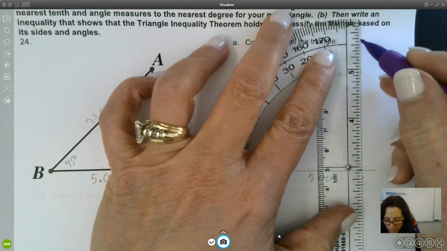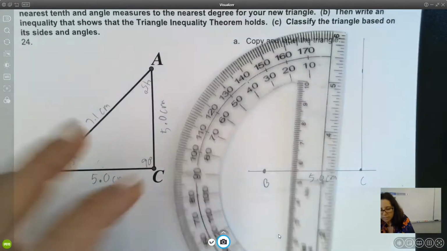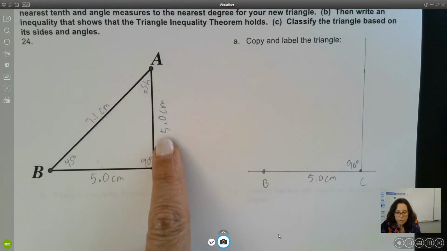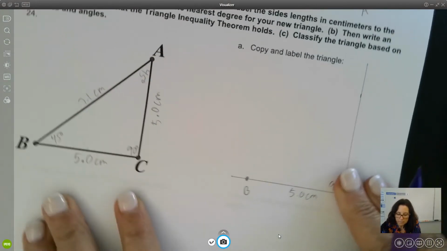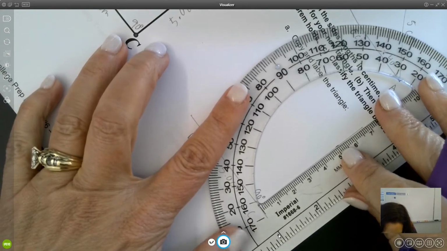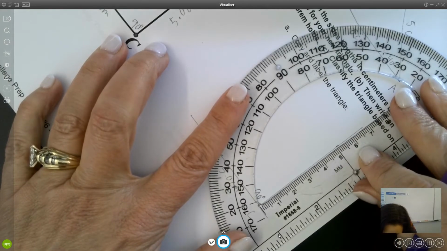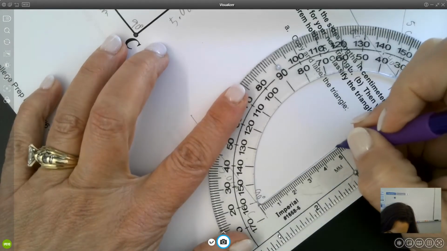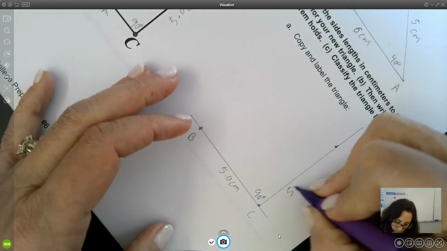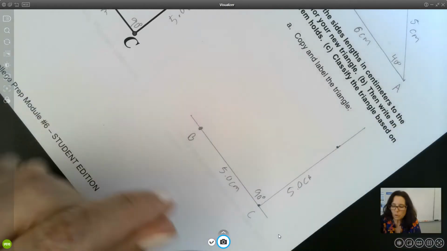I'm not measuring anything, I'm just drawing a straight line. I just did 90 degrees. I need to measure 5 centimeters right here. Oops, broke my lead.